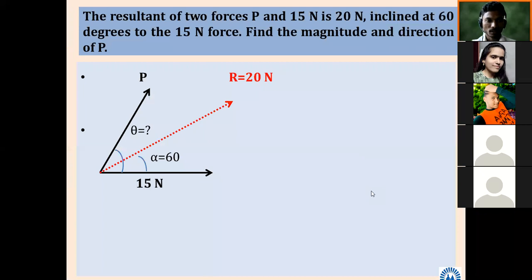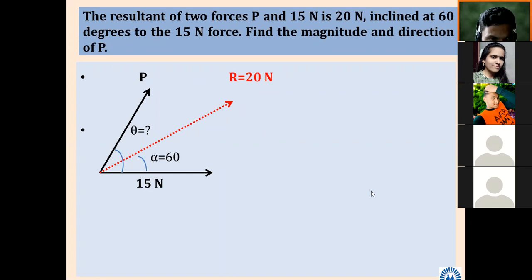Next, a different problem. Write this down. The problem statement: The resultant of two forces P and 50 Newton is 20 Newton, inclined at 60 degrees to the 15 Newton force.